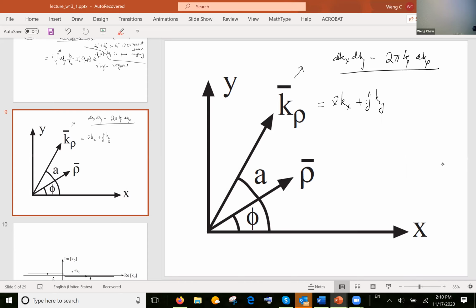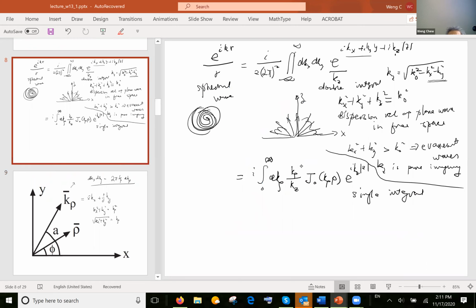You can do a change of variable as well, because kx squared plus ky squared should be equal to k rho squared. So it's pretty elementary algebra, but after you've gone through the work, you have this beautiful integral.